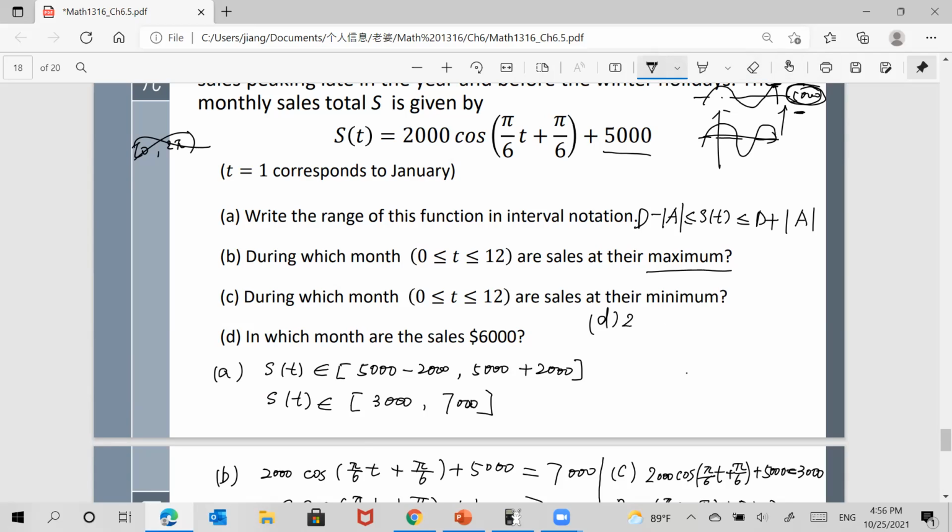So 2,000 times cosine pi over 6t plus pi over 6 plus 5,000 equals 6,000. Divided by 1,000 for each term, that means 2 times cosine pi over 6t plus pi over 6 plus 5 equals 6.